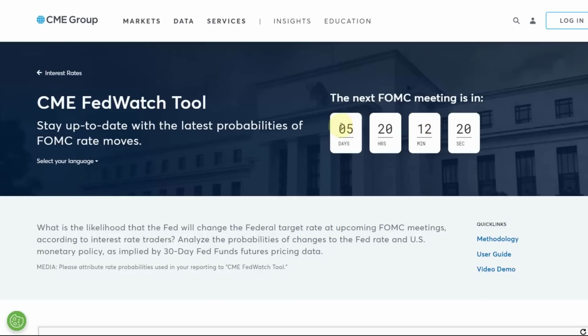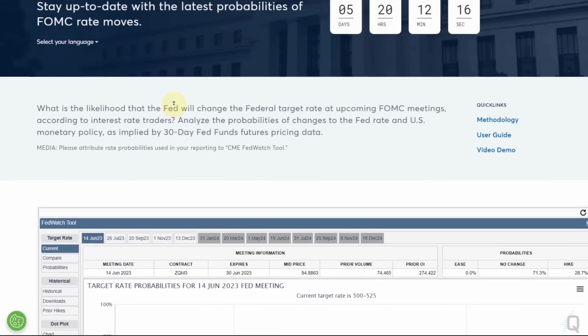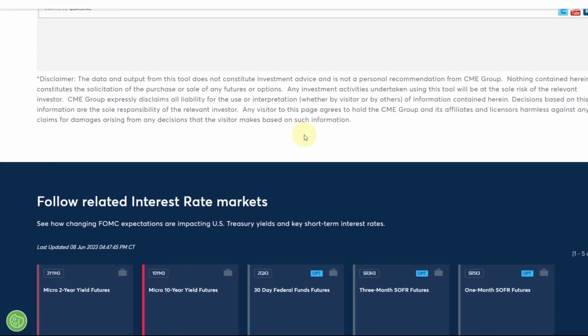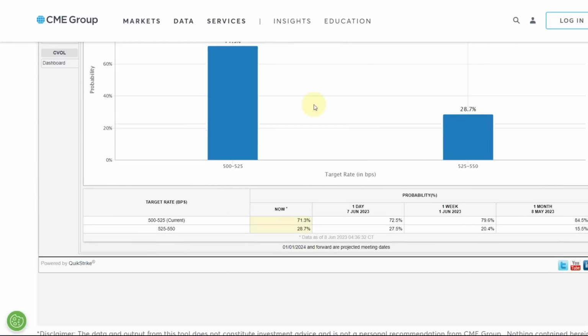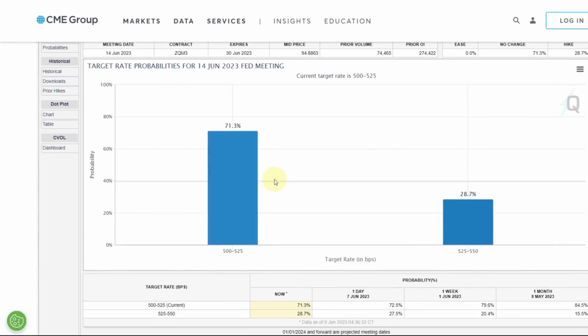But 5 days, 20 minutes, next meeting and interest rate decision. The quite accurate Fed Watch tool currently indicates that with a 71% probability there is not going to be any interest rate increase.